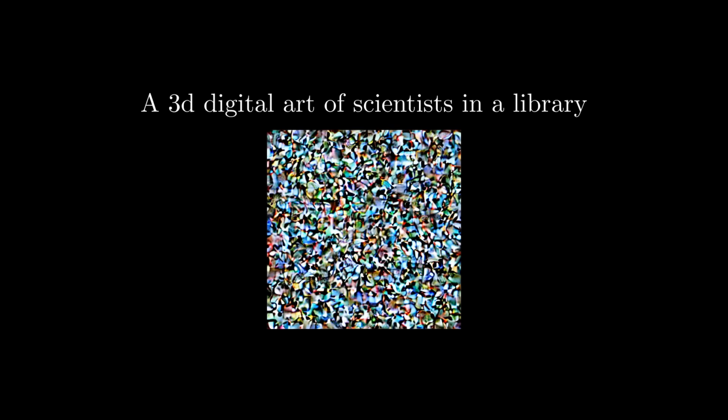Now for the fun part. Suppose you want to draw a 3D digital art of scientists in a library. We first start off with a random set of noisy image. Now, the actual noise we start off with doesn't really matter in this case. But the important part is that the text is embedded with this noisy image.